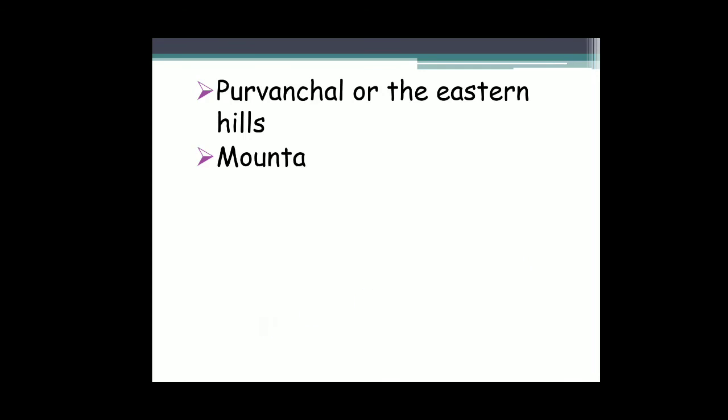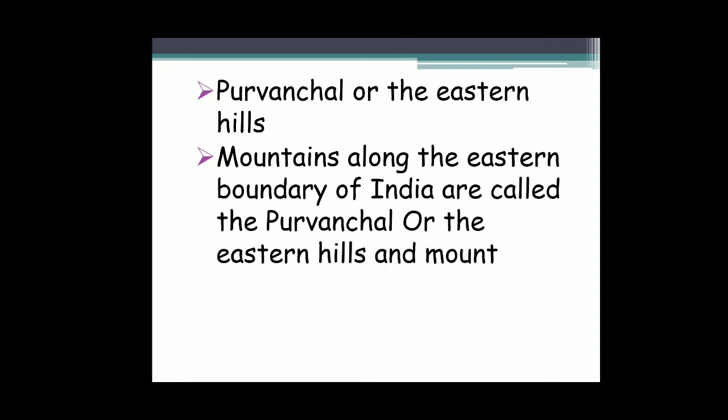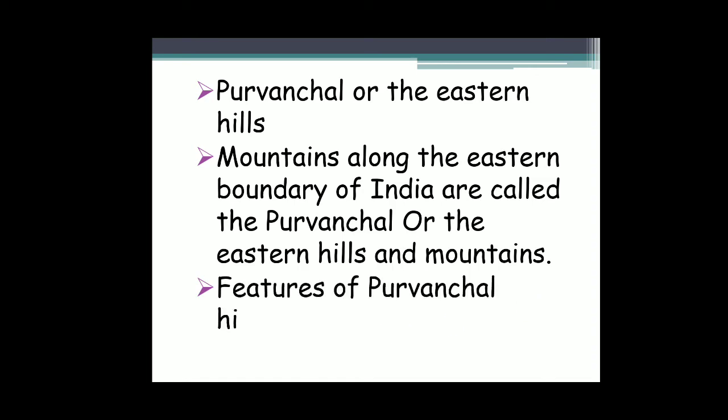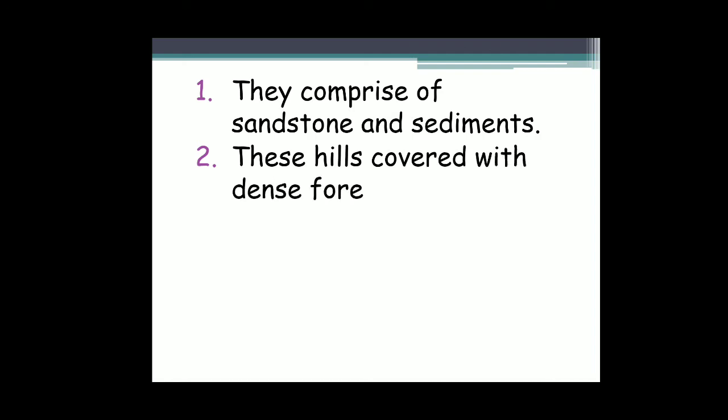The definition of Purvachal: mountains along the eastern boundary of India are called the Purvachal or the eastern hills and mountains. Now, features of the Purvachal hills: they comprise sandstone and sediments. These hills are covered with dense forest.